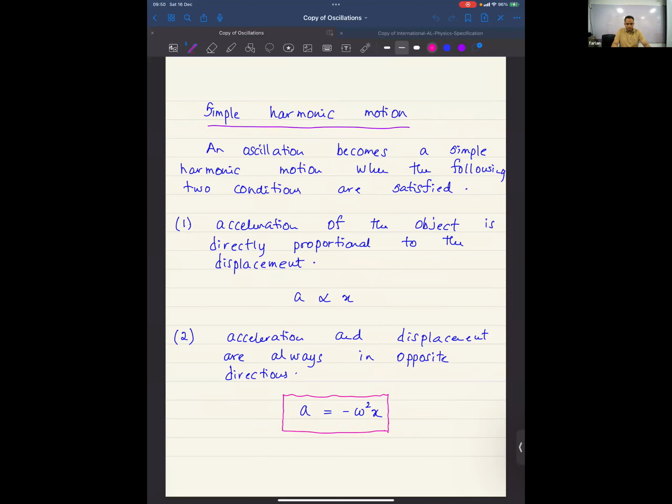An oscillation becomes a simple harmonic motion when the following two conditions are satisfied.